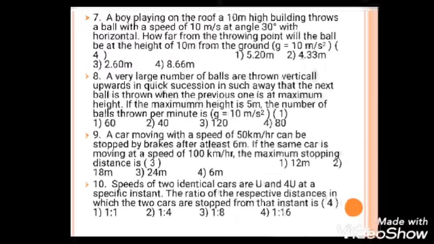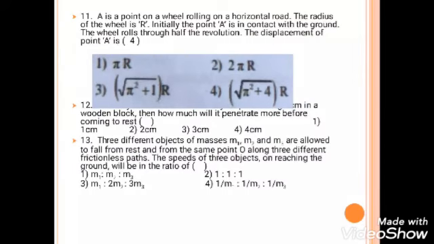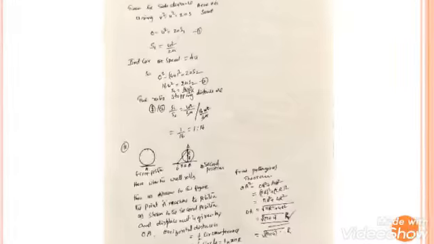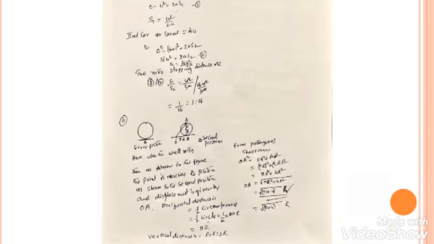Next, 11th problem. Here a wheel is touching the floor at point A. The wheel has been rotated by a half circle. Then what will be the displacement of the point A? Here the first position has been shown in the figure and the second position has been shown here.